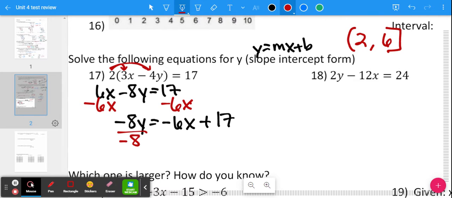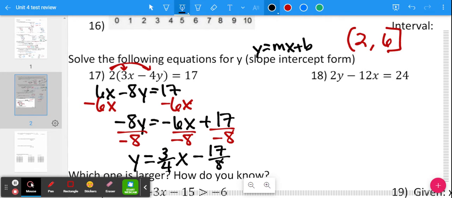So we're going to divide by negative 8 on all terms. And we're left with y equals 6 over 8 can be simplified to 3 over 4 because 2 goes into both of those numbers. So we have 3/4 x, and then we're just going to leave it as 17 over 8.